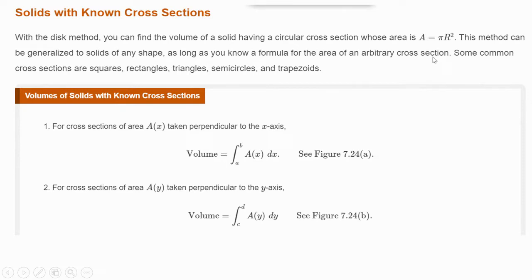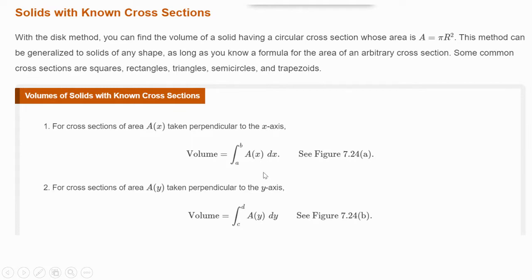There's a whole bunch of formulas that you know from your pre-calculus about areas of squares, rectangles, triangles of various kinds, semicircles and trapezoids, and it goes on and on and on. And so what this means is that if you know about the cross sections, the volume is just going to be the integral from A to B of whatever the area of that cross section is.